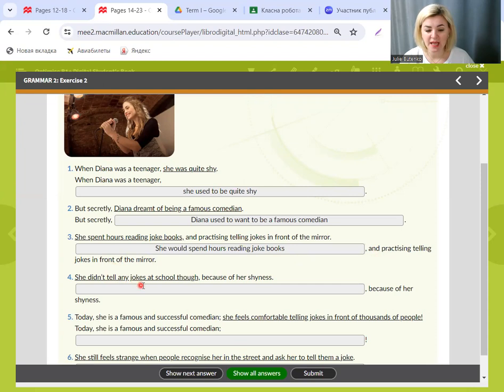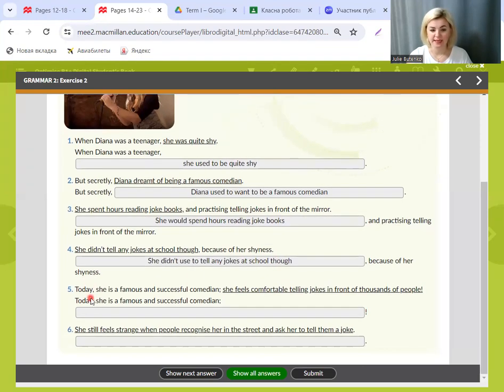She didn't tell any jokes at school, though, because of her shyness. She didn't used to tell any jokes at school, though, because of her shyness. Look at the word shyness. The next.